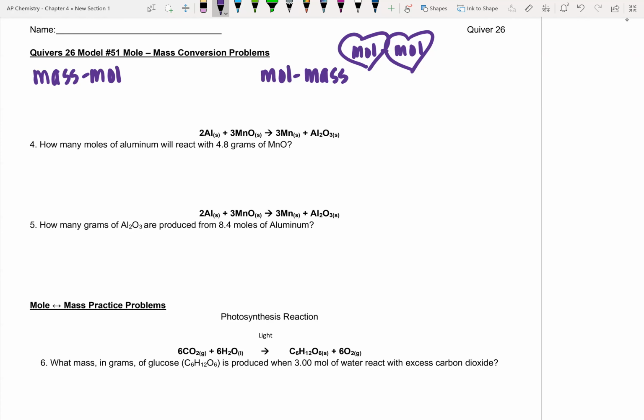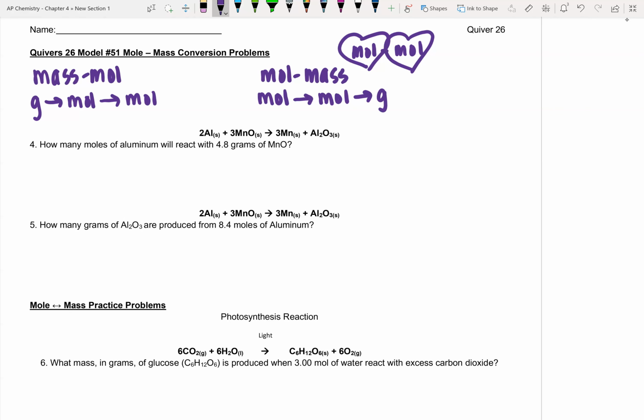If it's a mass to mole, you're going to go from grams of a substance to moles of that substance, and then switch to moles of a new substance. If it is a mole to mass problem, you're going to start with moles of a substance, switch using the mole to mole ratio to moles of a new substance, and finish with grams of that second substance.